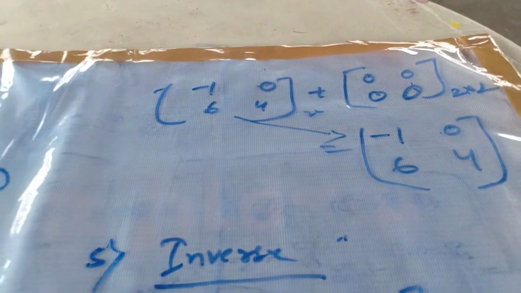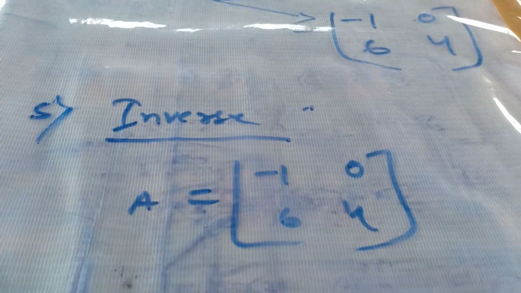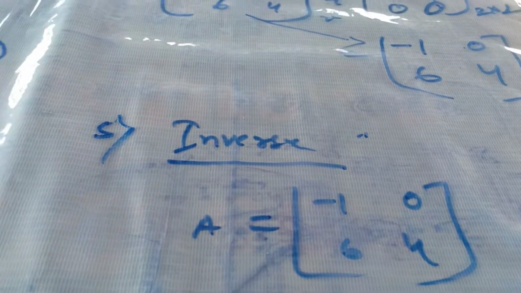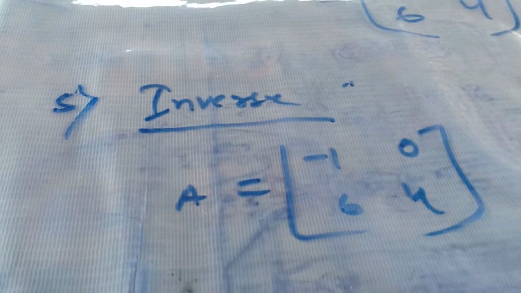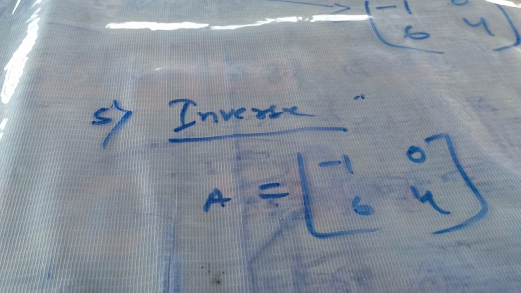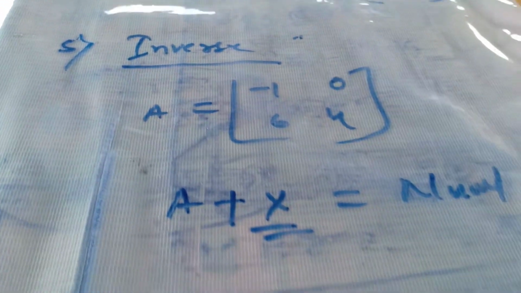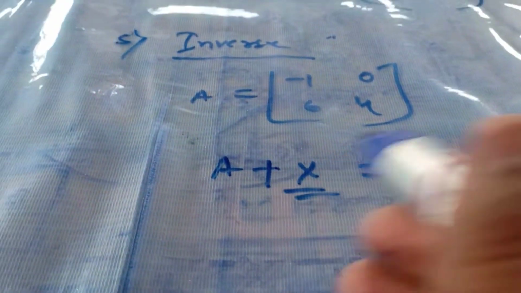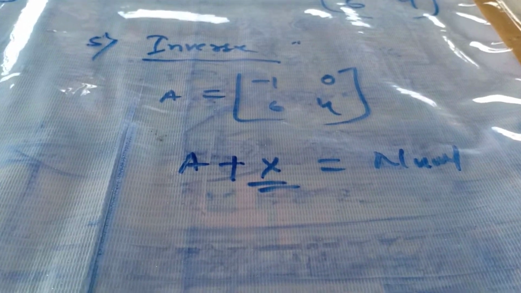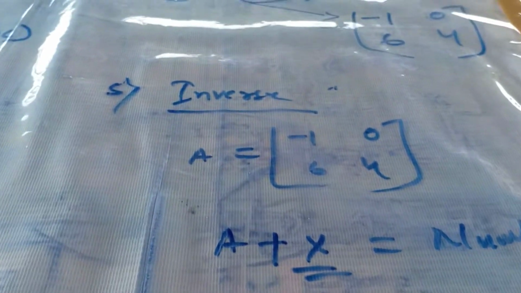What must be added to it so that you will get a null matrix of the same order as a result? Suppose A plus X I added, I got a null matrix. Then X is called the additive inverse matrix of matrix A. Or A and X both are called additive inverses of each other. Let us check how we will get this.